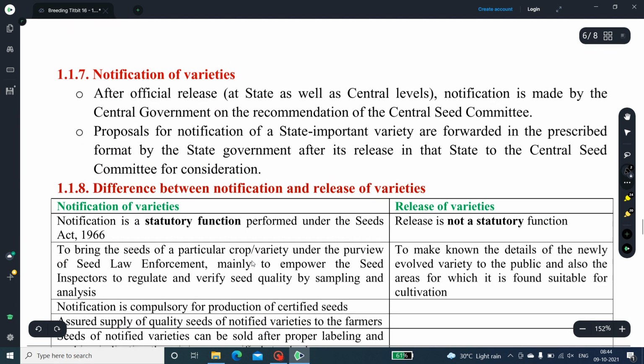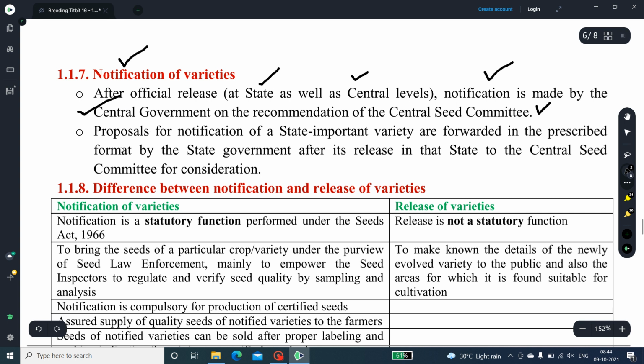Now, after the release of variety, it should be notified after official release and may be suitable for state level or central level. Notification is made by the central government on the recommendation of the Central Seed Committee. It is made only by the central government.